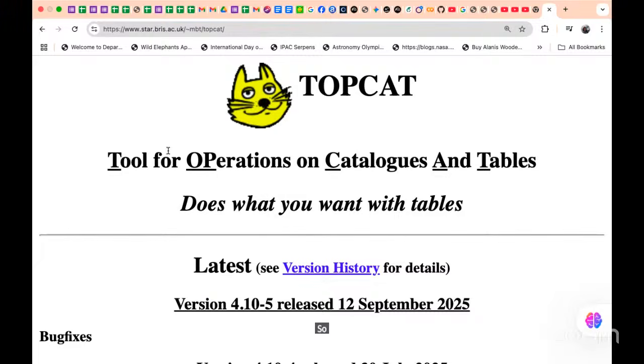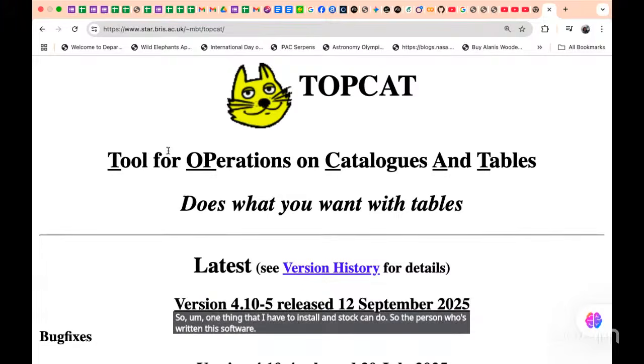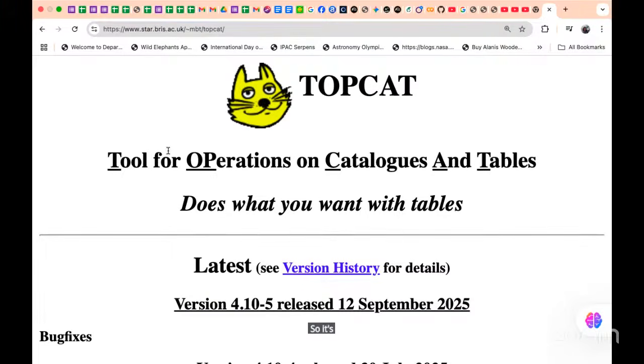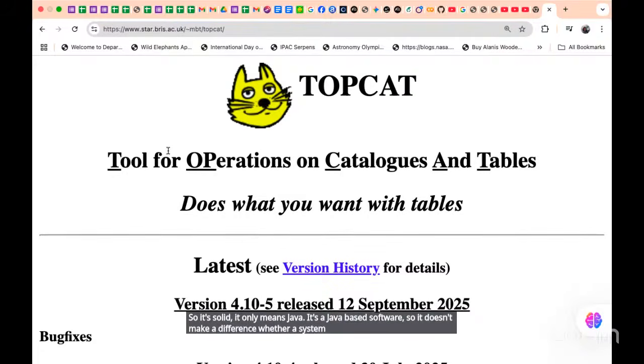So, one thing you'll have to install is TopCat. The person who's written this software, to install it, it only needs Java. It's a Java-based software, so it doesn't make a difference whether your system has Windows, Linux, Mac, whatever you have. All virtual observatory software is Java-based, so it doesn't make a difference what OS you're using.